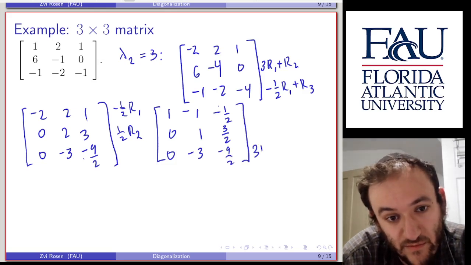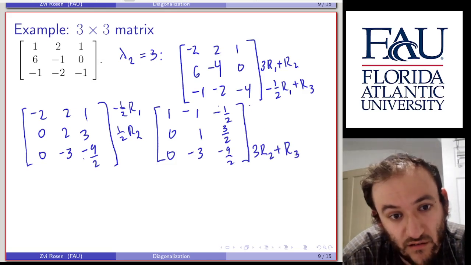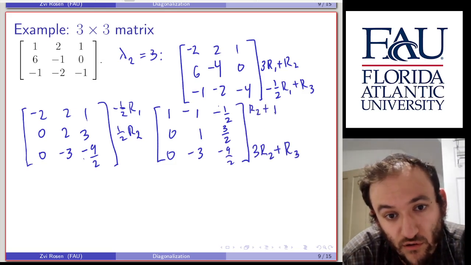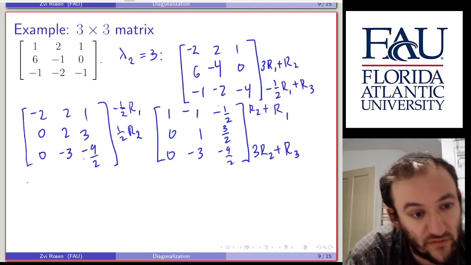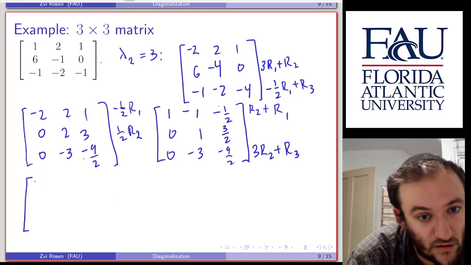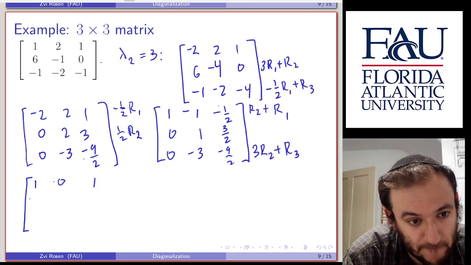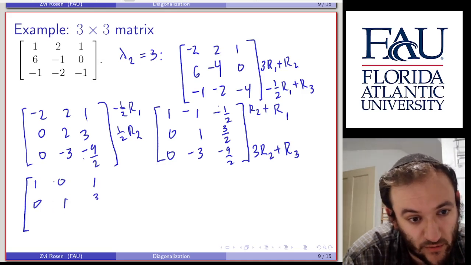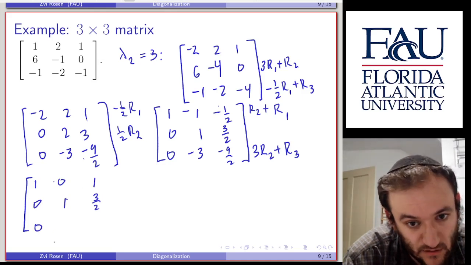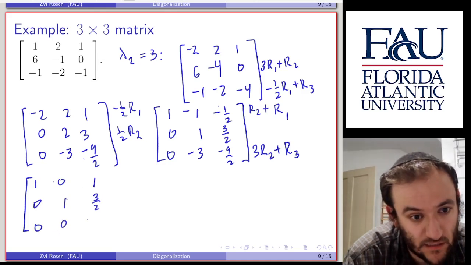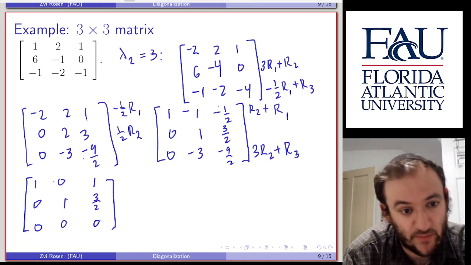Let's add 3 times row 2 to row 3, and we'll also add row 2 to row 1 to get rid of that minus 1 above, and we get 1, 0, 1, 0, 1, 3 halves, 0, 0, 0. Okay, and we expected this.